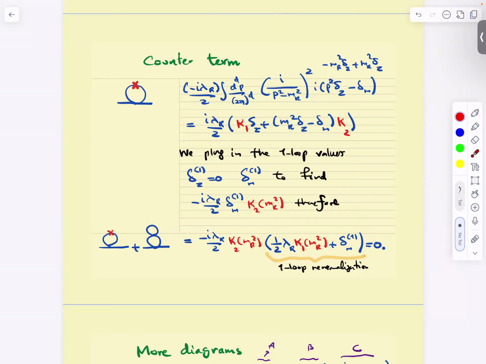This is a structure that we see over and over again. So we had these two diagrams. This gave us delta z 0 and delta m. I put 1 because that's at one loop, right? It becomes minus a half lambda r k1 of mr squared, right?